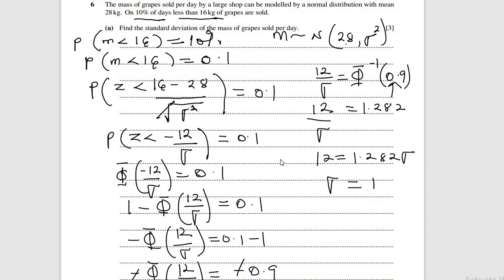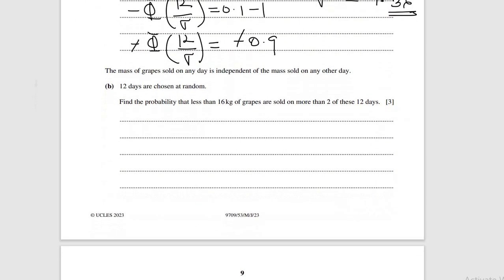So sigma is 12 over 1.282, which is 9.36. That's the standard deviation they asked us to look for.